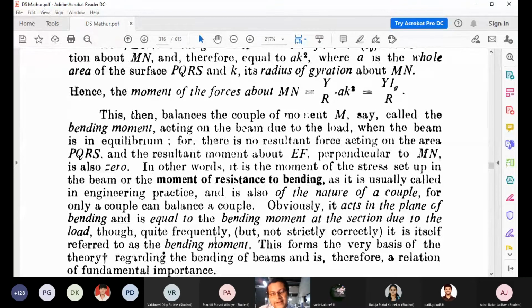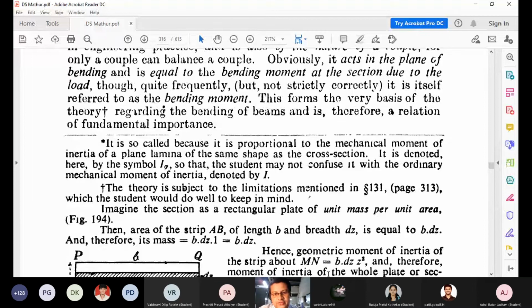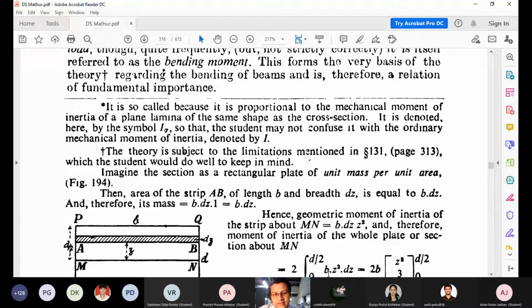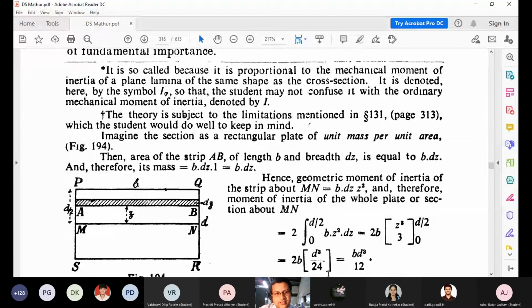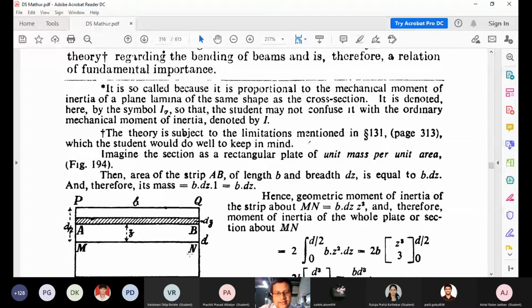Terminology of bending moment. Now the question comes: how do you say that this is a geometrical cross section? For that you need to take this derivation into consideration. Consider the moment of inertia of a lamina of some shape as a cross section.